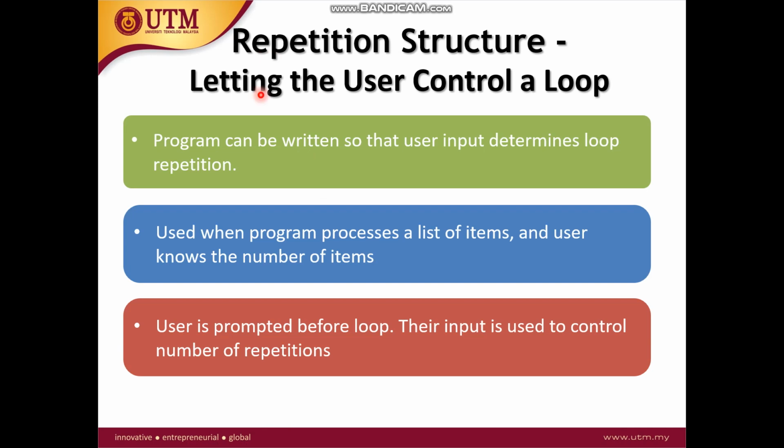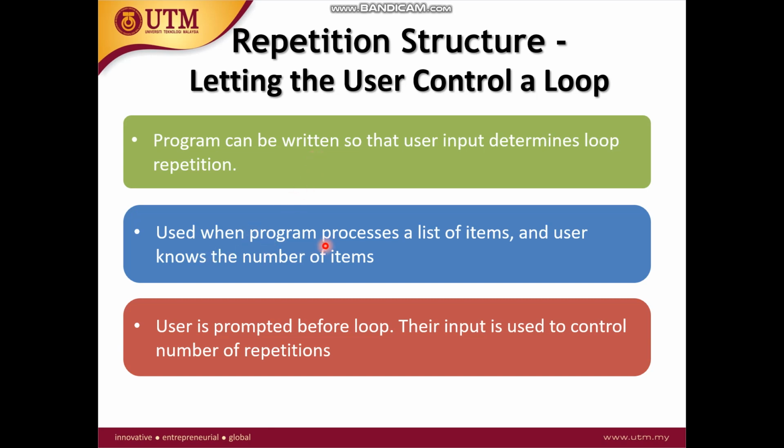At this point we are letting the user control a loop. How? A program can be written so that the user input determines the loop repetition. For example, the program is written in such a way that the user defines how many iterations the loop executes.